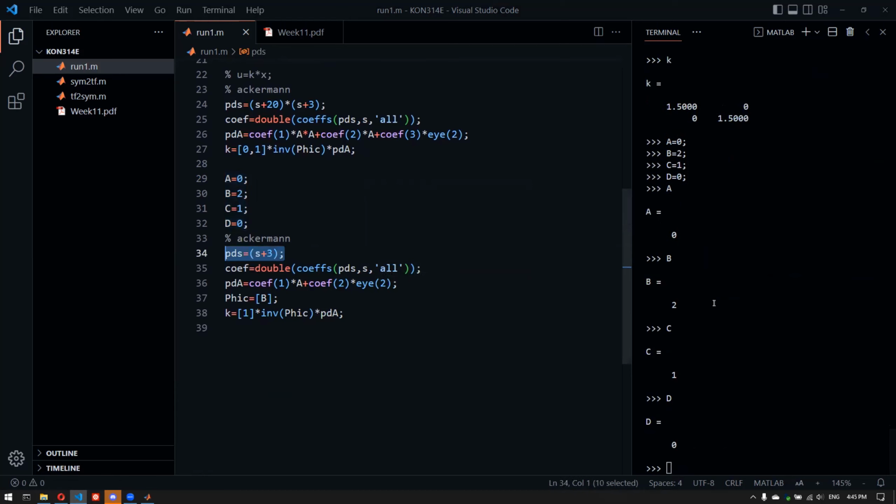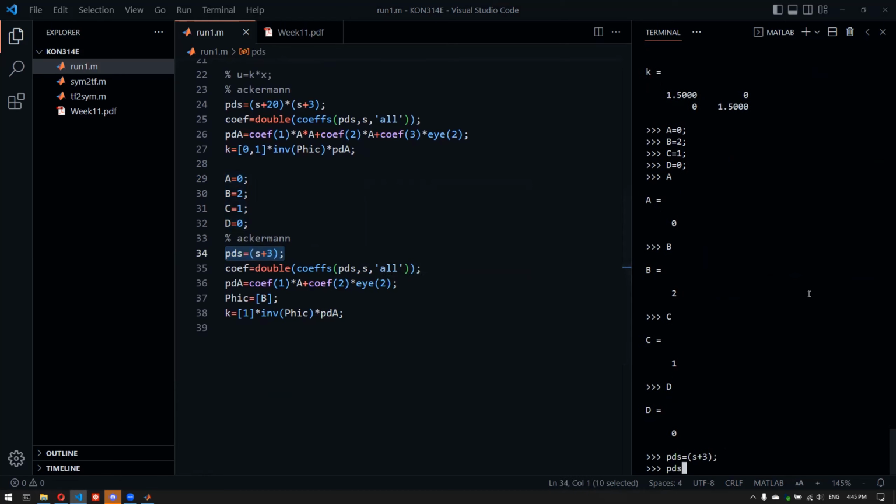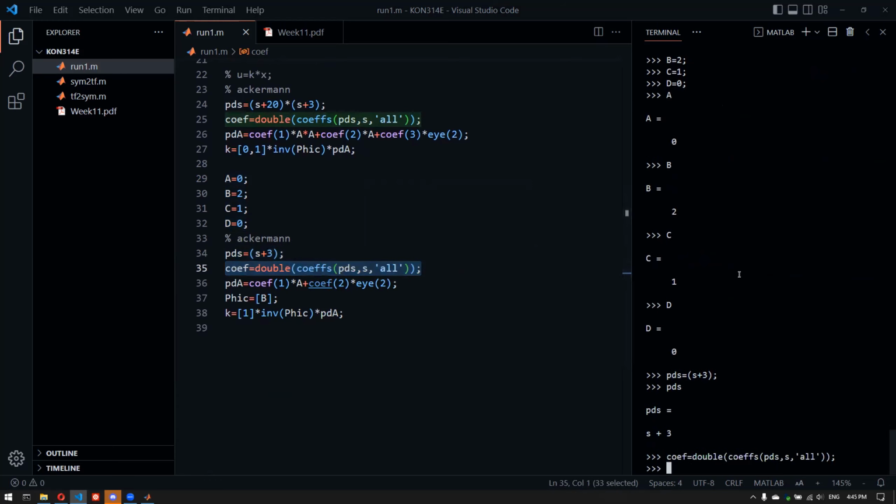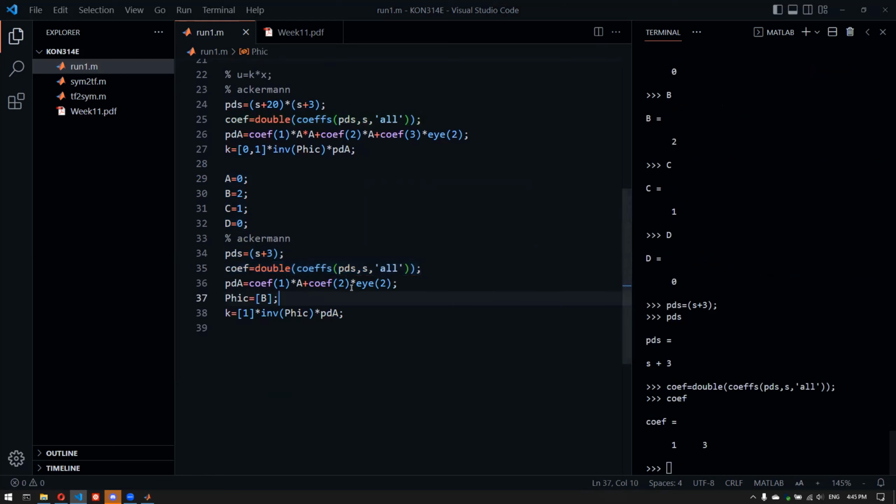All right. Then we have PDS. Then we have coef 1 and 3. Then we have, oh, this is not A, yeah, no, I've seen it. This is basically not existent here because it's scalar.